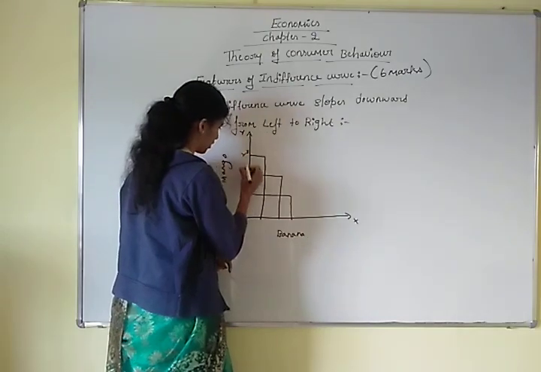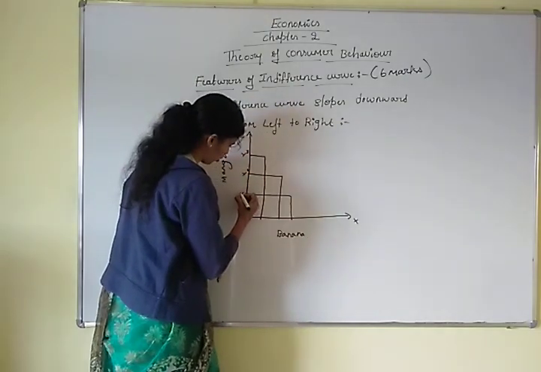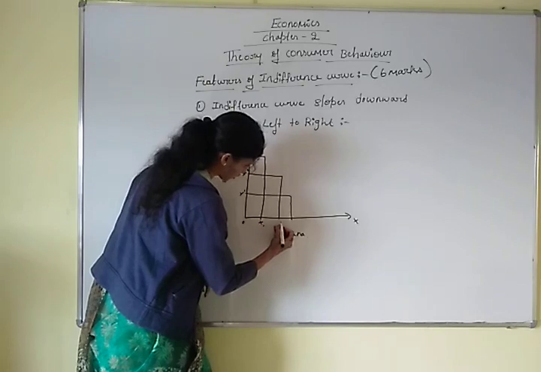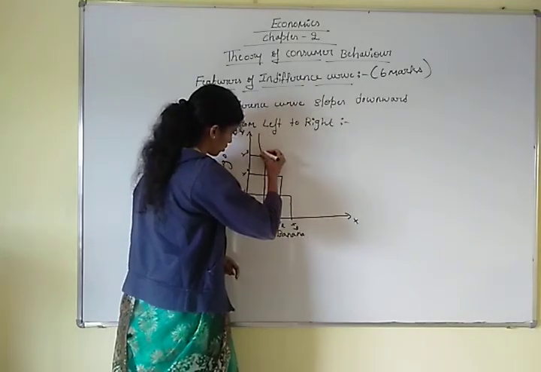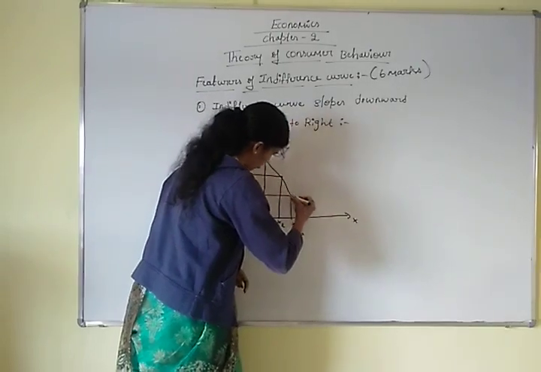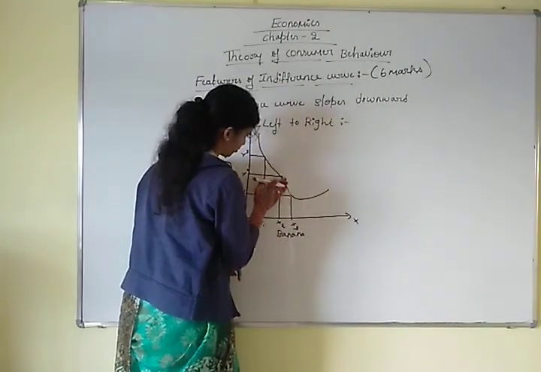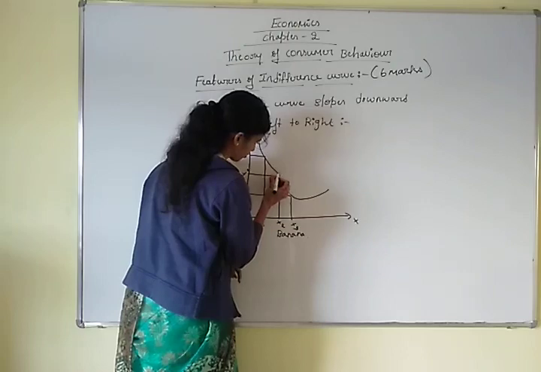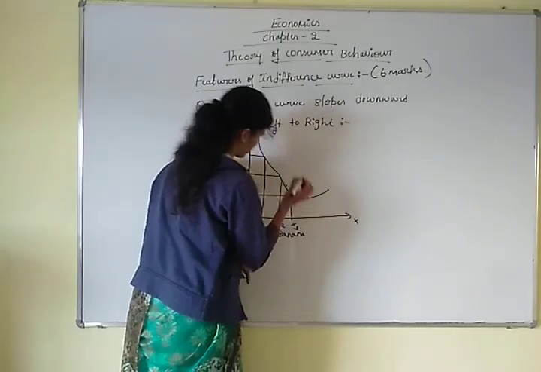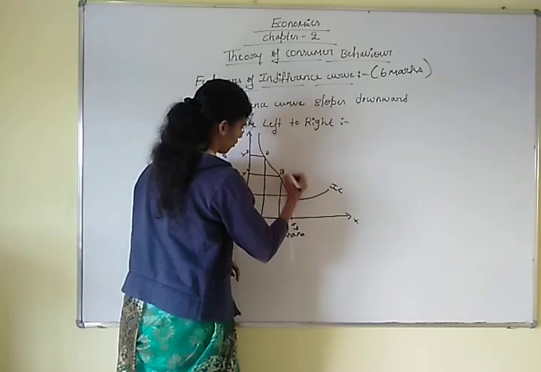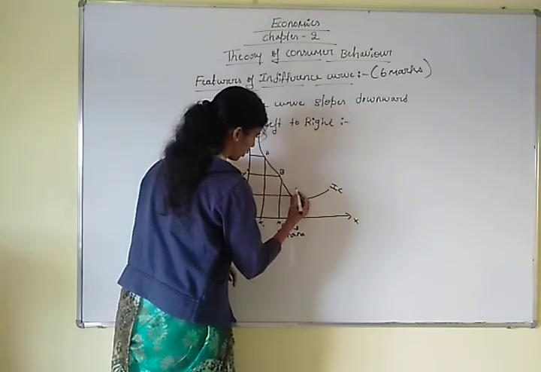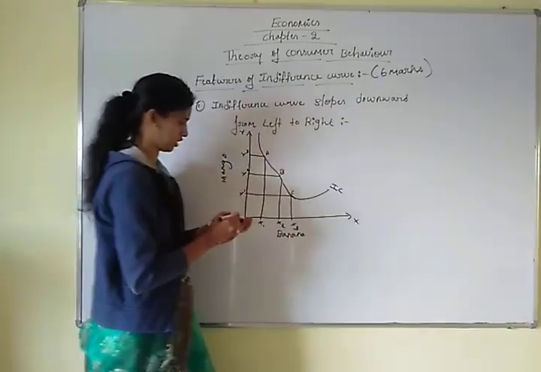It is Y3, Y2, Y1, X1, X2, X3. It is IC, with combination A, combination B, and combination C.